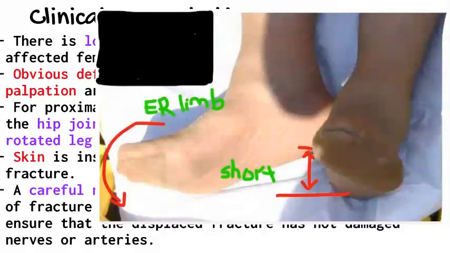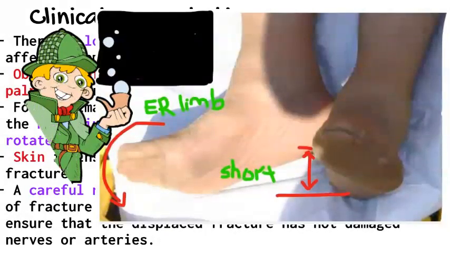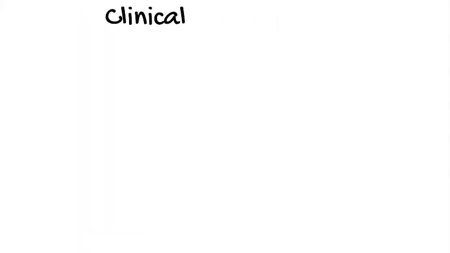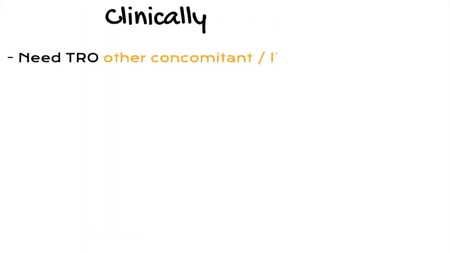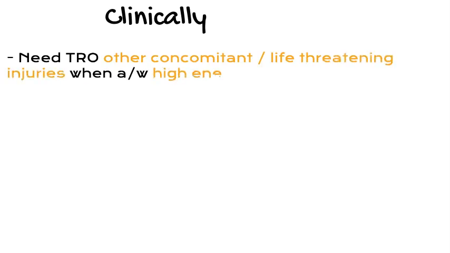This figure illustrates the externally rotated limb, and the affected leg is shortened. We need to rule out other concomitant or life-threatening injuries when associated with high-energy trauma.